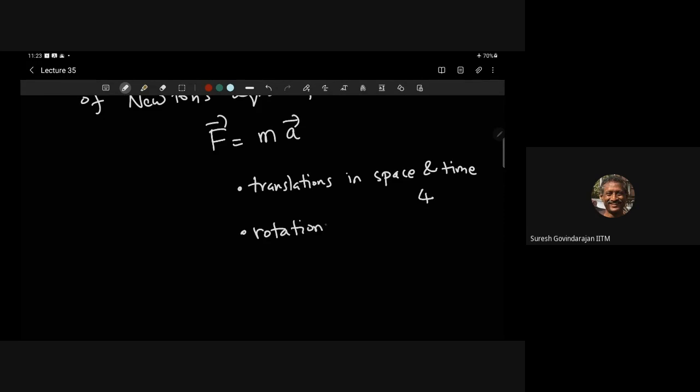How many parameters with rotations? Spatial rotations. Just 3. And then Galilean boosts, right? How many parameters? 3 again.